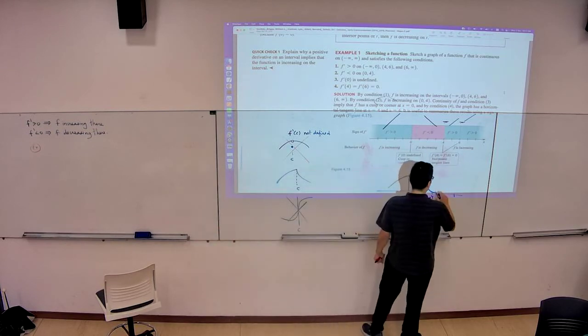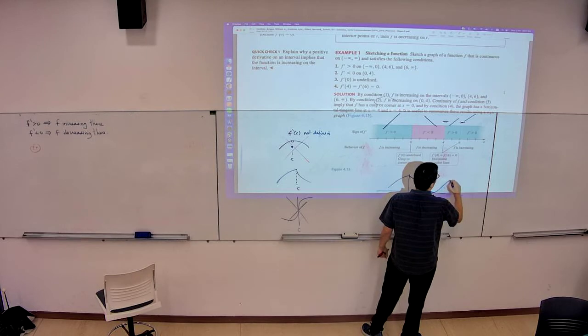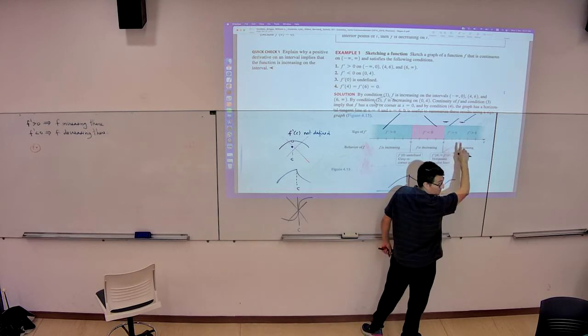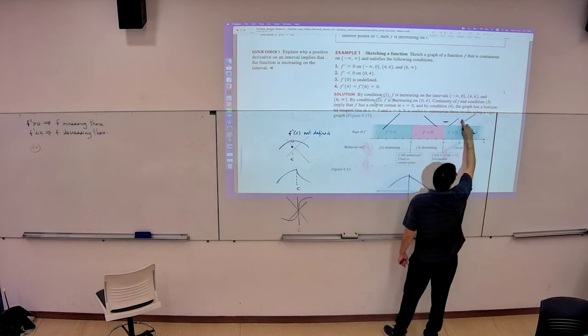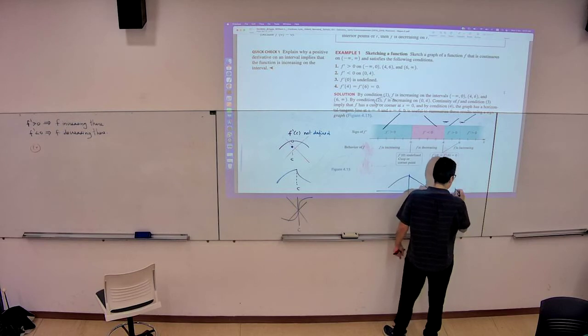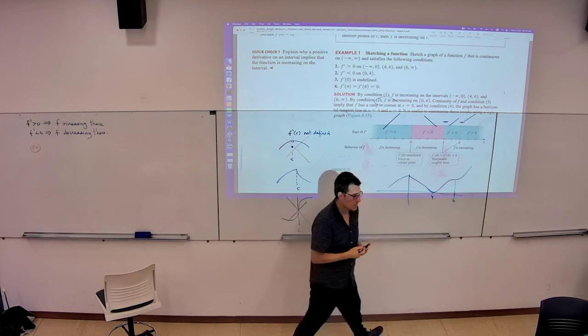And then you're increasing. At x equals 6, you probably have a saddle point, like y equals x cubed, because you're increasing from one side and then you keep increasing from the other side.